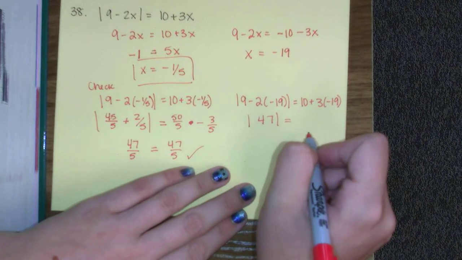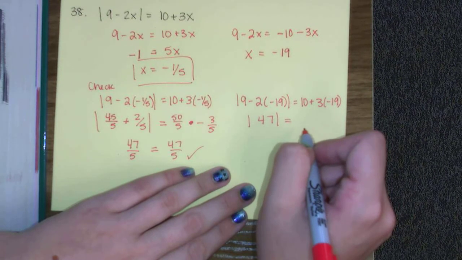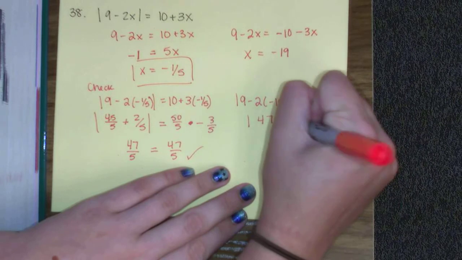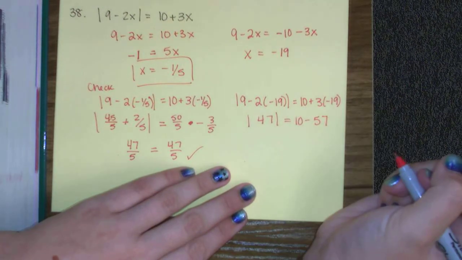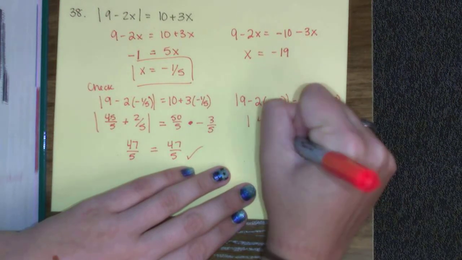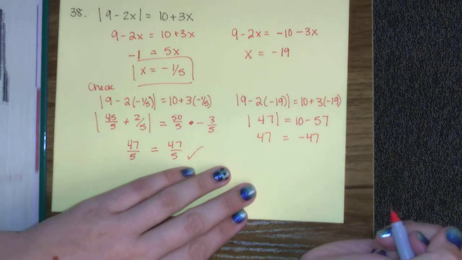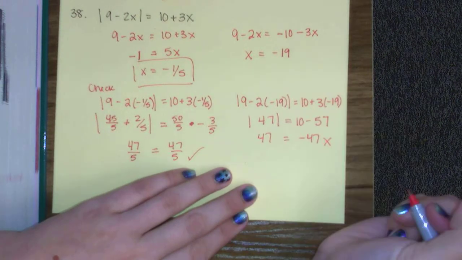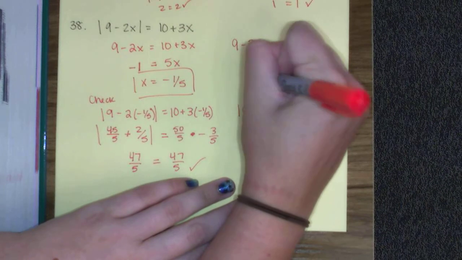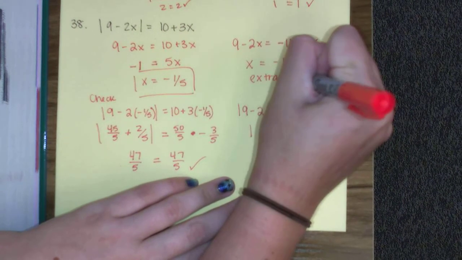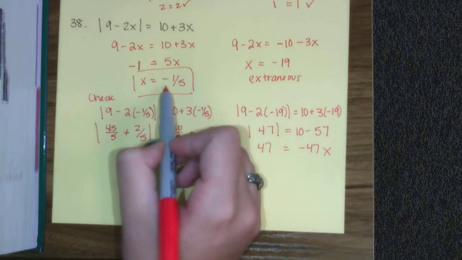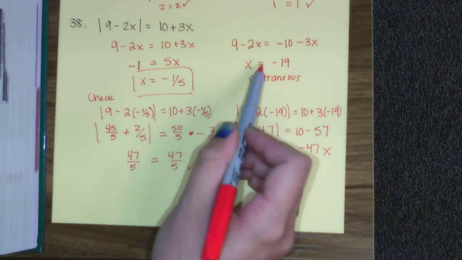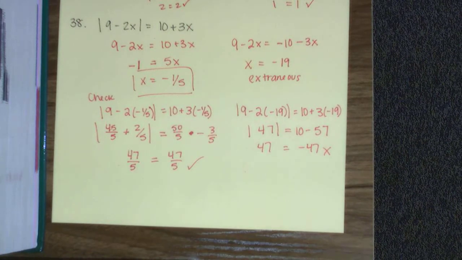And over here, so that one does not work. Okay, that's not true. So what we do is we come up here and we label this one as extraneous. Just that one. So the actual solution is negative 1/5. Negative 19 was extraneous.